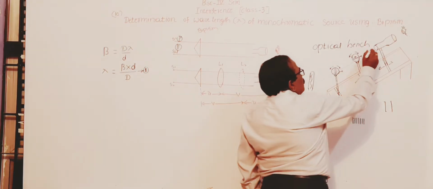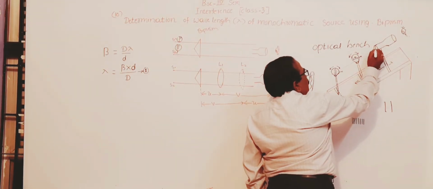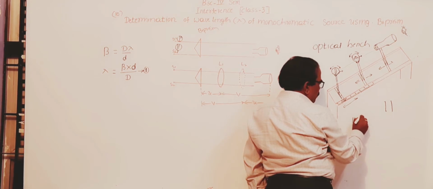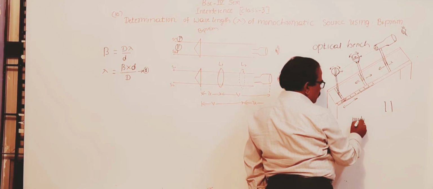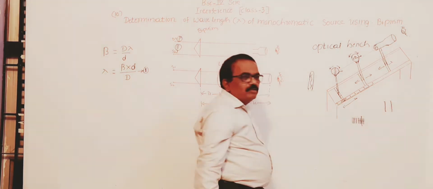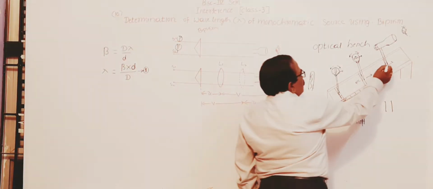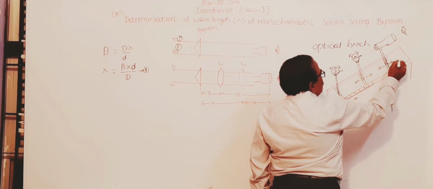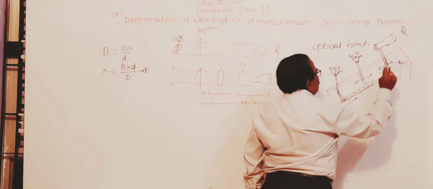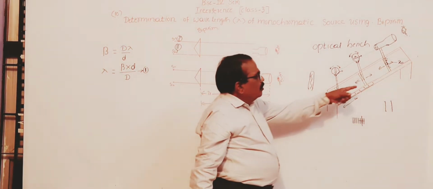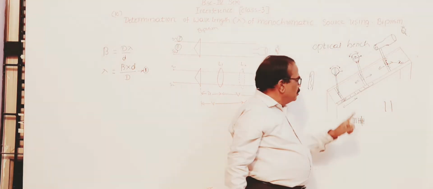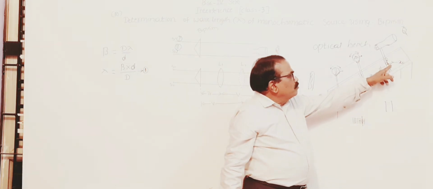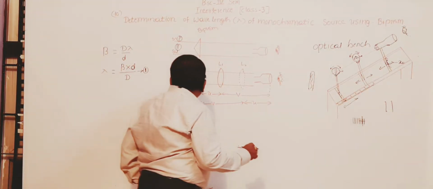And focus the crosswire of this eyepiece on a particular bright fringe at the center. You know this is also graduated. Note down this position as x0, on this horizontal scale, by focusing on the bright fringe.